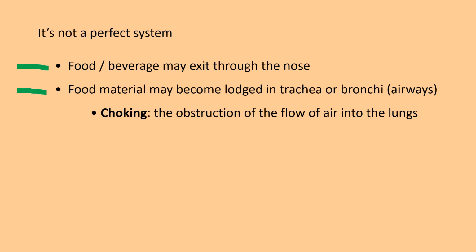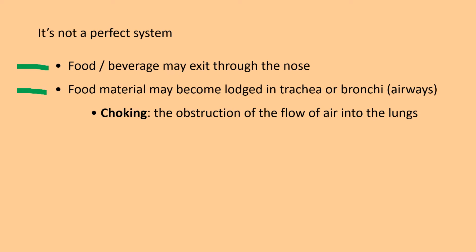And if that doesn't work, then we perform abdominal thrusts, which were previously known as the Heimlich maneuver, but it turns out Dr. Heimlich wasn't really an ethical scientist. He was quite an unethical scientist. And so we no longer call it the Heimlich maneuver, but rather we perform abdominal thrusts. And during an abdominal thrust, our goal is to push up on the diaphragm in order to increase intrathoracic pressure.